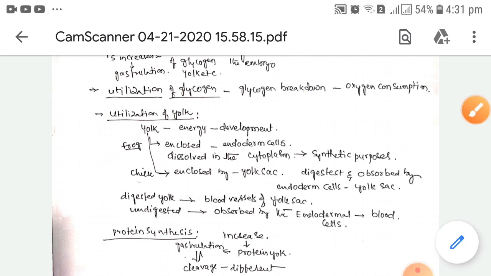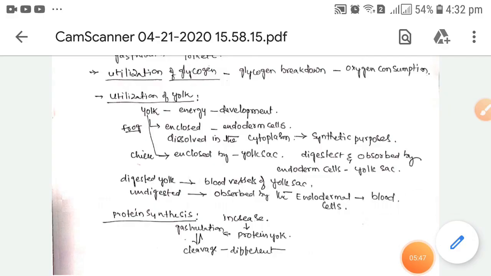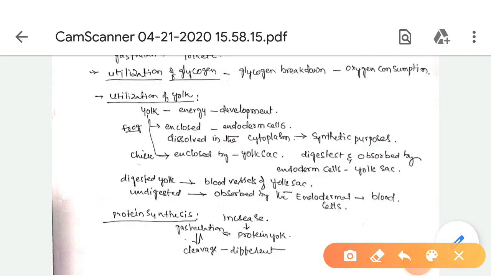Another one is utilization of yolk. Yolk is the main source of energy for development.